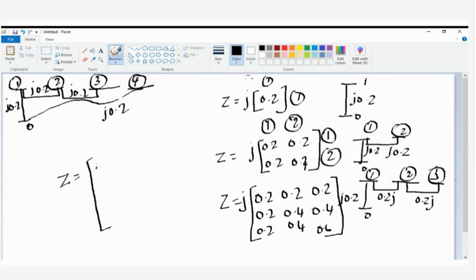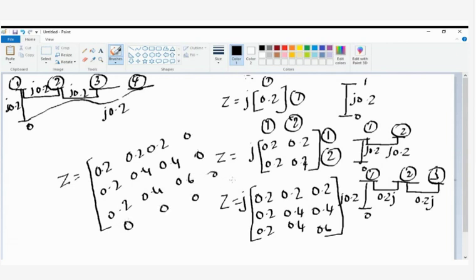So the idea is you write the existing matrix, 0.2, 0.2, 0.2, 0.2, 0.4, 0.4, 0.2, 0.4, 0.6, then 0, 0, 0, and 0.2. Is that clear?